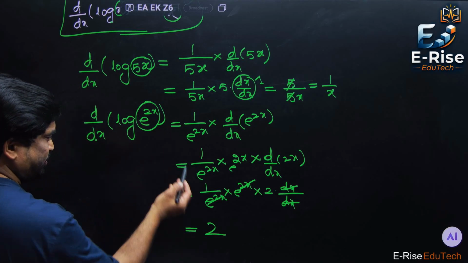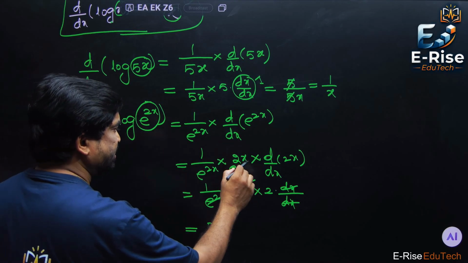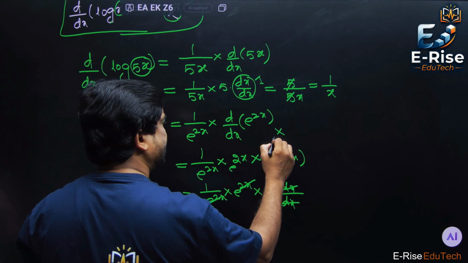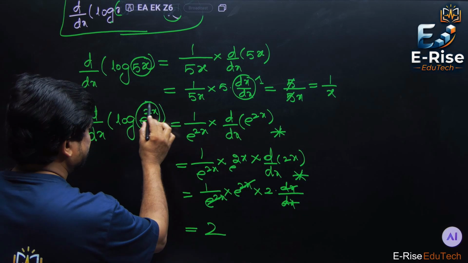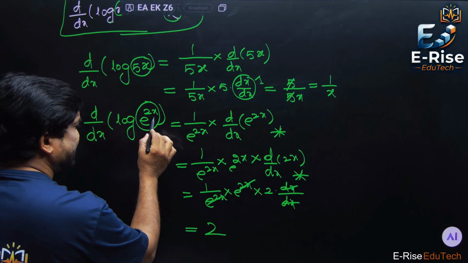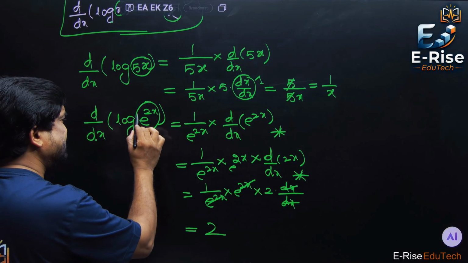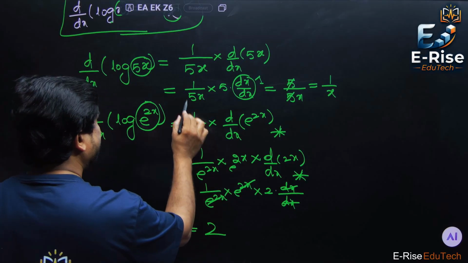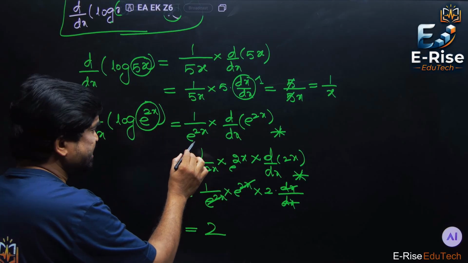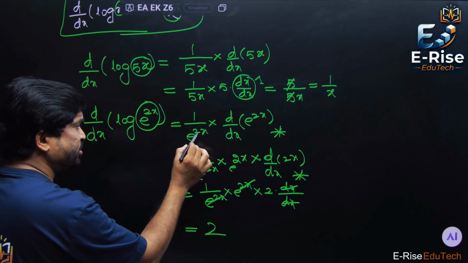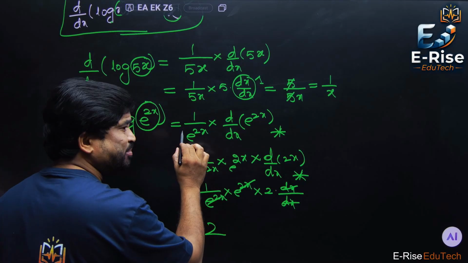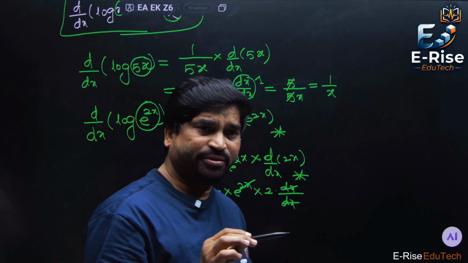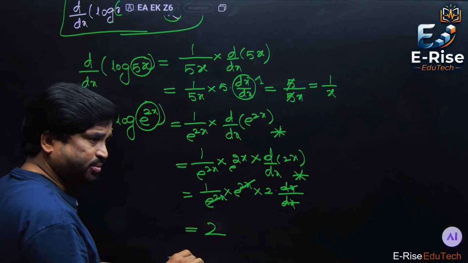But so many calculations are there. Here, apply the internal differentiation 2 times. d by dx of log e to the power 2x is given. In place of x, e power 2x is given. So that's why log x differentiation is 1 by x. 1 by x means 1 by e power 2x into d by dx of internal differentiation for e power 2x. e power 2x differentiation is what? e power 2x only.